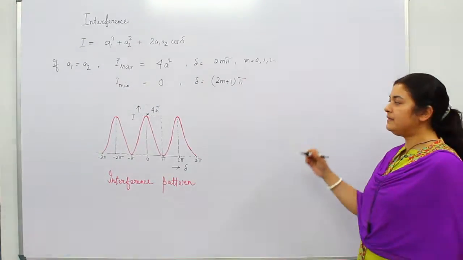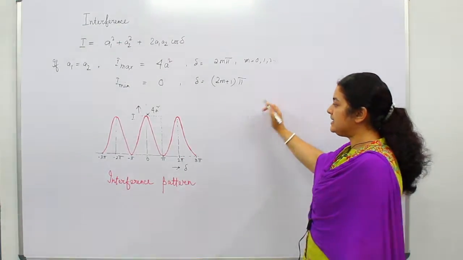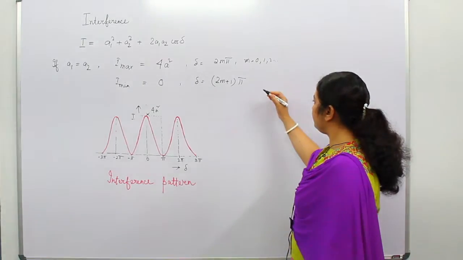To find out, we will first find the average intensity in the range 0 to 2 pi.